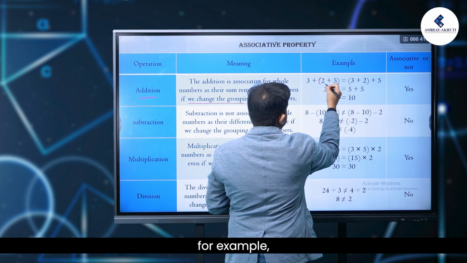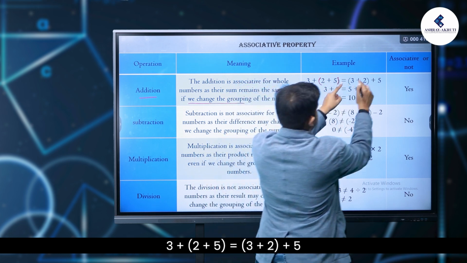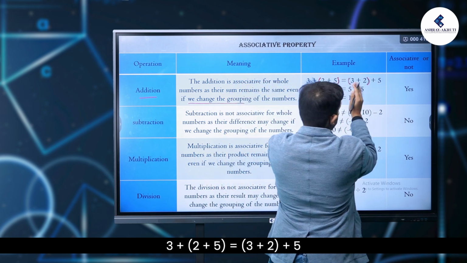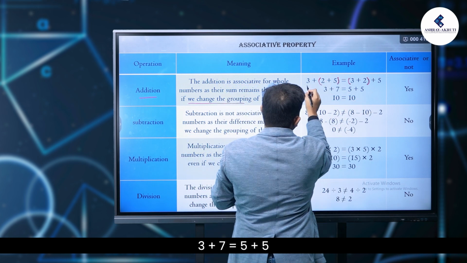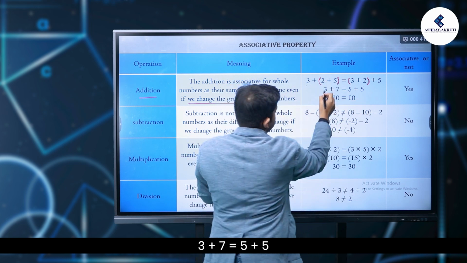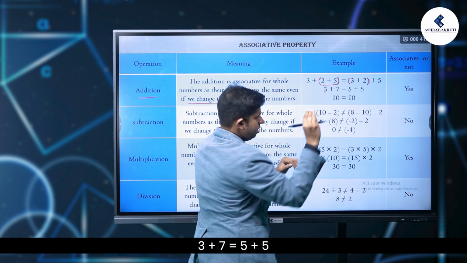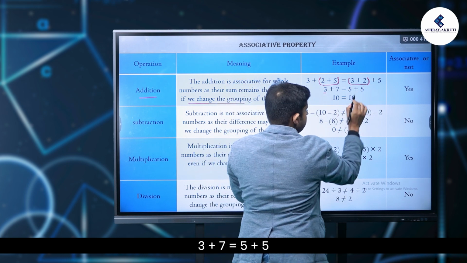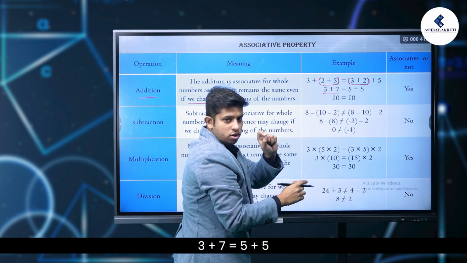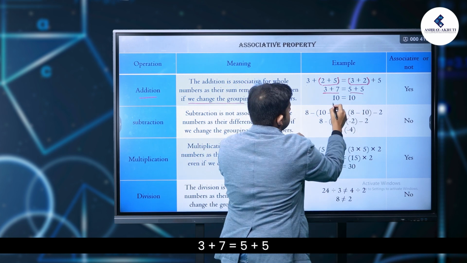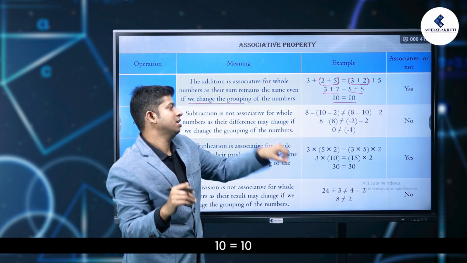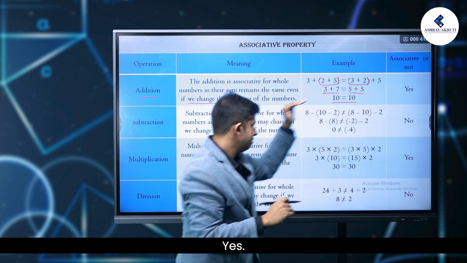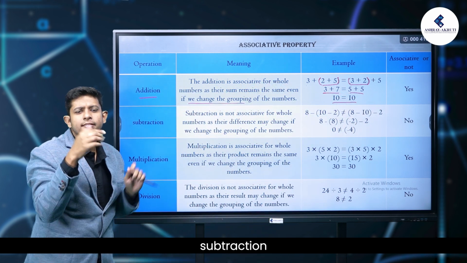For example, 3 plus (2 plus 5) is equal to (3 plus 2) plus 5. 3 plus 7 is equal to 5 plus 5. 10 is equal to 10. Associative or not? Yes.